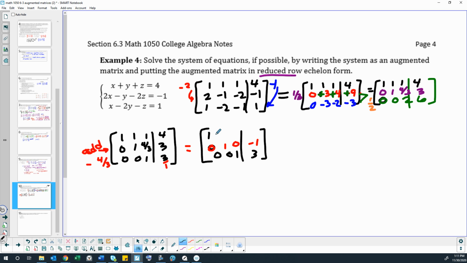Alright, I'm going to go ahead and write my other line as is. Okay, so now to get zeros here and here, I'm going to multiply this by a negative 1 and add it to this row. Or I can multiply this by a negative 1 and add it to that row first.